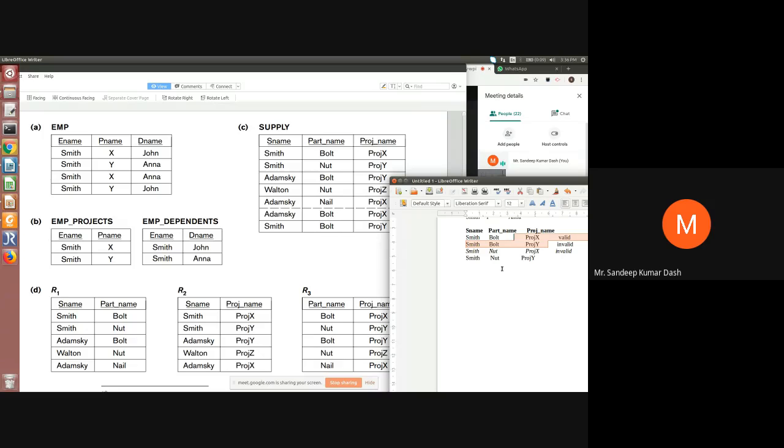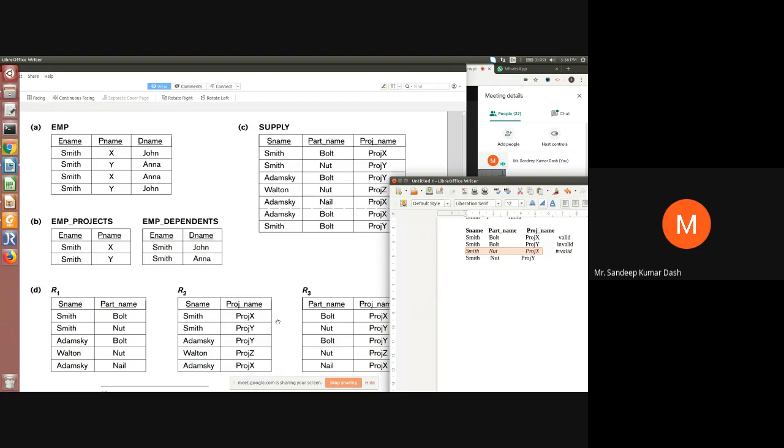But you will never get Smith nut project X. You see, nut project X is not present here. Nut project X is not present. So you will never get this combination. But you will get nut project Y because that was present here.